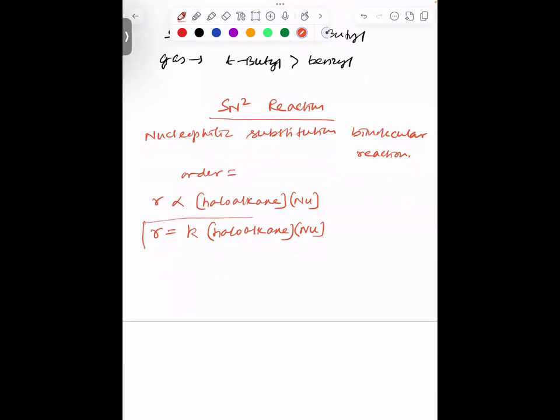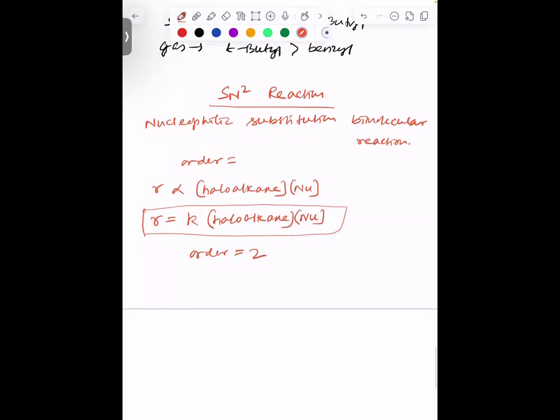Since this is the rate expression or rate law, the order of reaction is 2. Okay, I think it is clear to all of you.